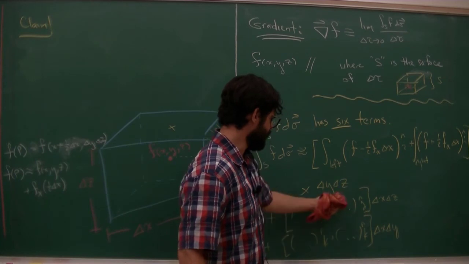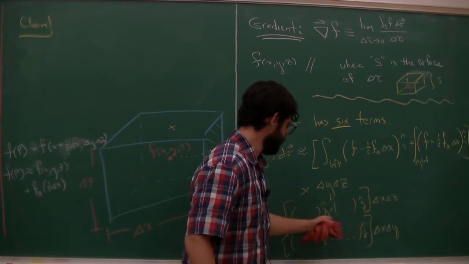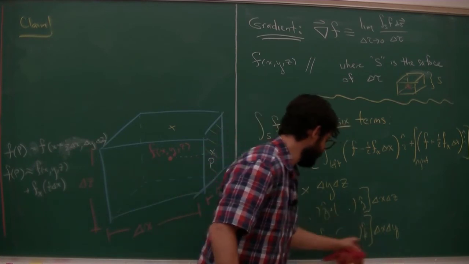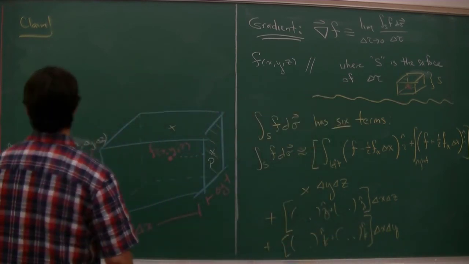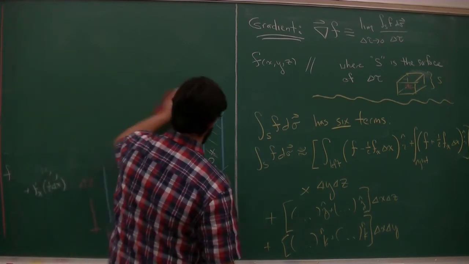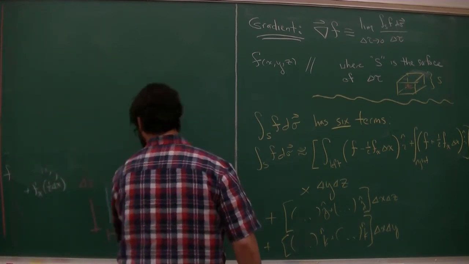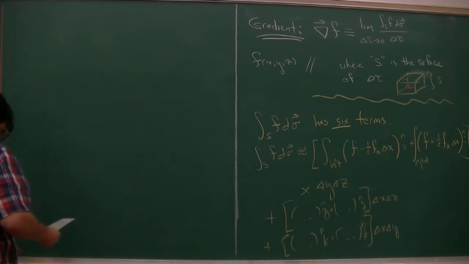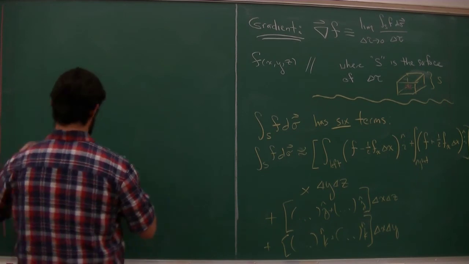And likewise, each one of these terms will have a delta x, a delta y, that's a y piece, and a delta z. This term will have a delta x, delta y, and then that's the k hat piece and a delta z. What does delta x, delta y, delta z turn into? Well, it turns into a little bit of delta tau.